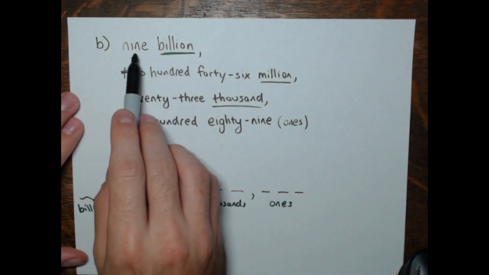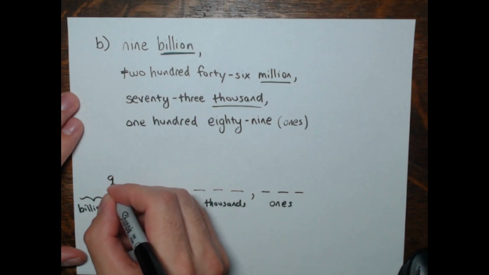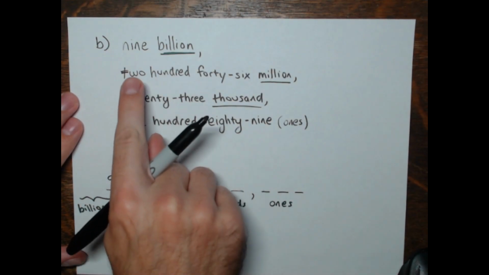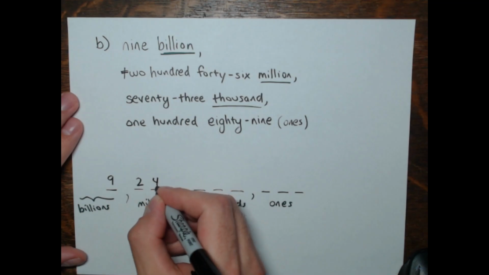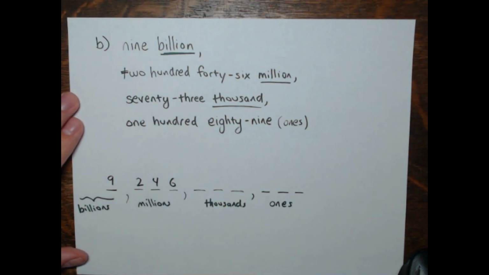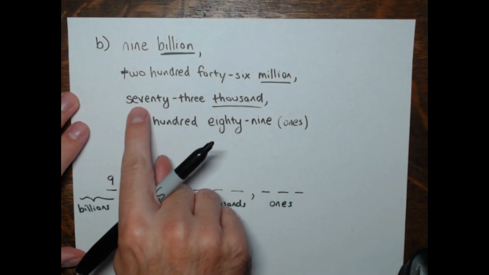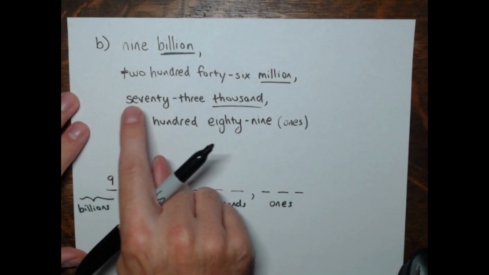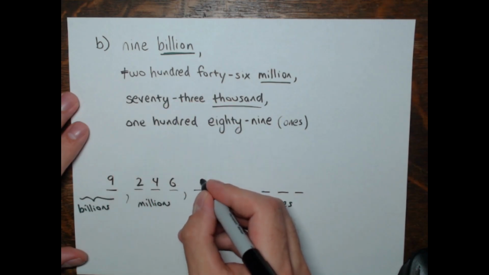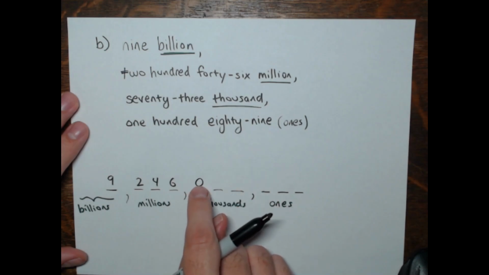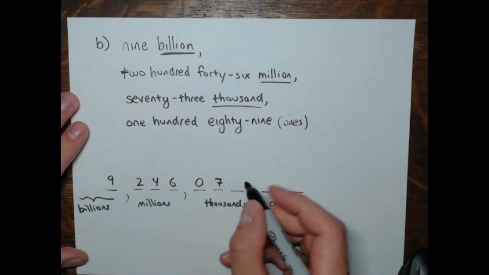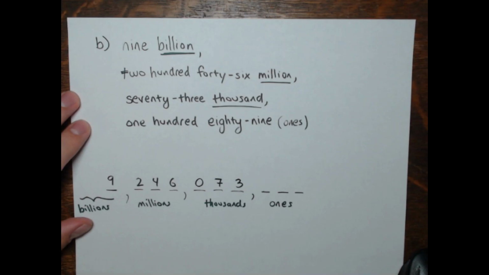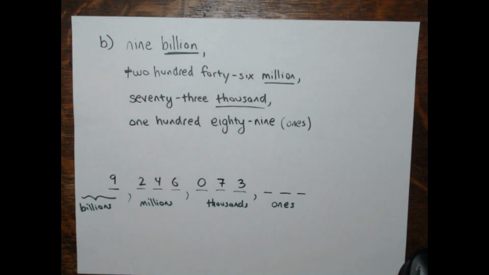Okay, so there were 9 billions, so 9 here, comma, 246 million, so 246, comma. Just 73, so no 100,000, right? So 0 in the 100,000s place, but then 73 in the other two, 7 10,000s and 3 thousands, right? 73 thousands.